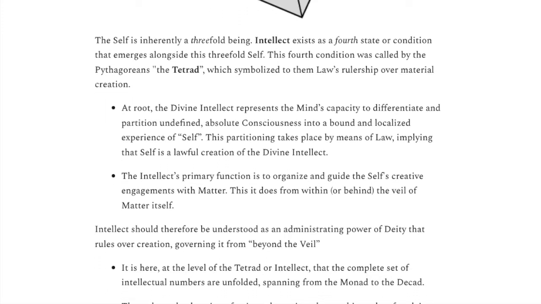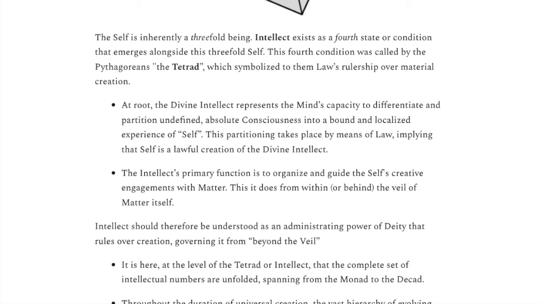This partitioning takes place by means of law, implying that the self is a lawful creation of the divine intellect. The intellect's primary function is to organize and guide the self's creative engagements with matter. This it does from within or behind the veil of matter itself.